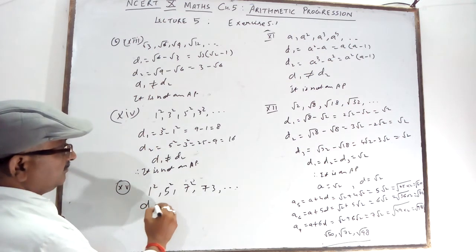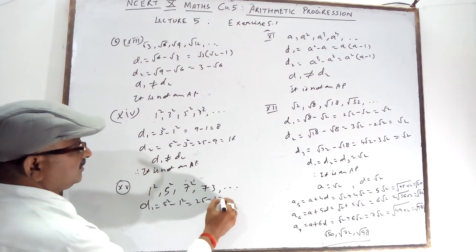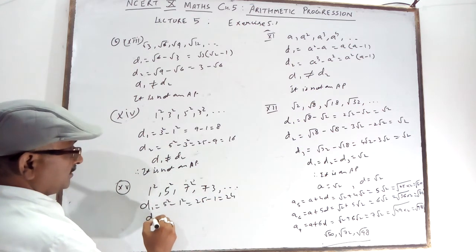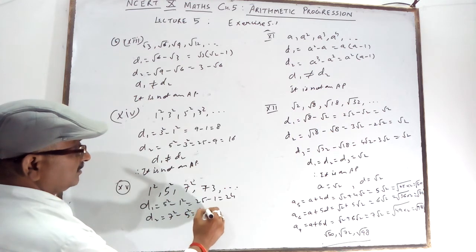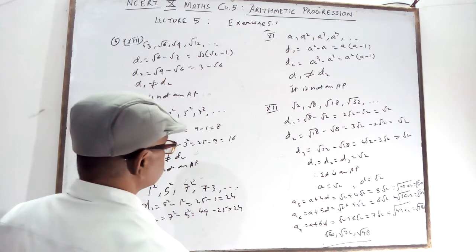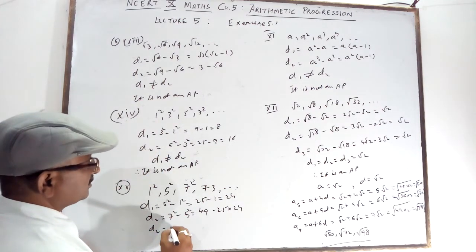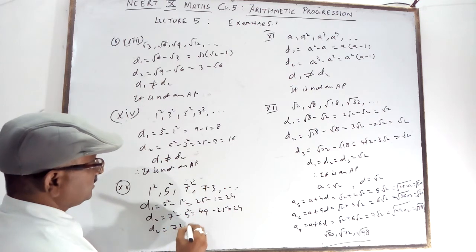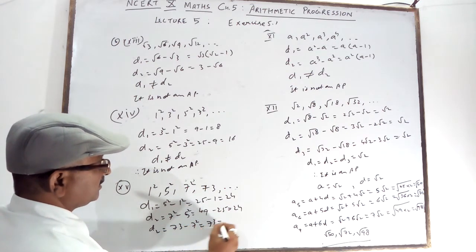So d1 is 5 square minus 1 square, 25 minus 1, that is 24. d2 is 7 square minus 5 square, 49 minus 25, that is 24. d3 is 73 minus 7 square, 73 minus 49.